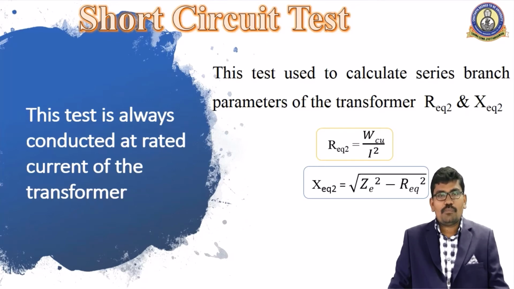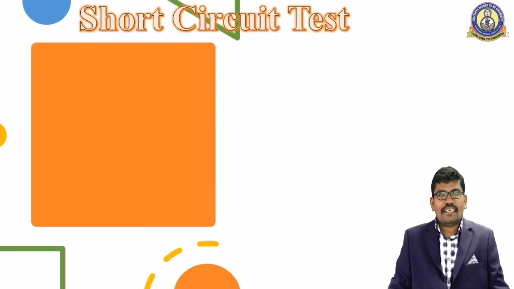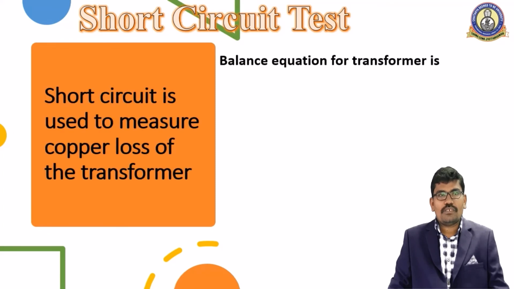Impedance Z is a combination of resistance and reactance: Z equals R plus jX, where Z equals the square root of R squared plus X squared. Then X becomes the square root of Z squared minus R equivalent squared. This short circuit test is used to measure copper losses in the transformer.